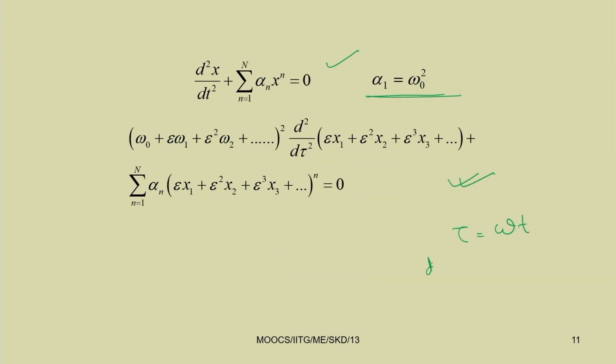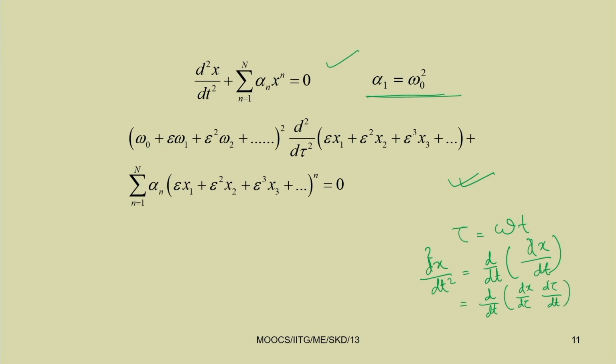So, d square x by dt square equals d by dt. We already did this, but let me revise it again. So, dx by dt, this is equal to d by dt of, this is d by d tau into, so dx by d tau into d tau by dt.